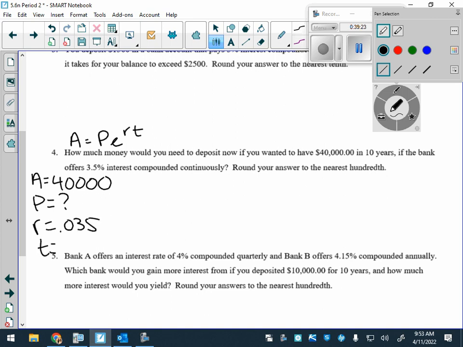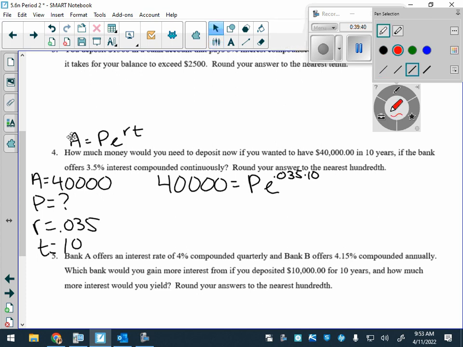And our time is 10, good. All right, so we have 40,000 equals P e to the 0.035 times 10.